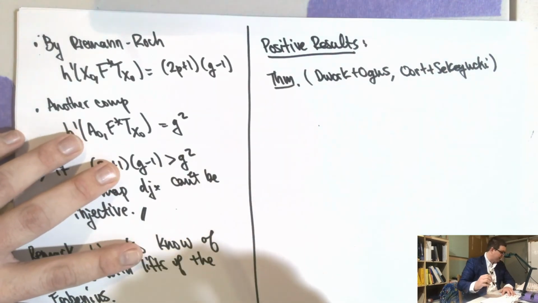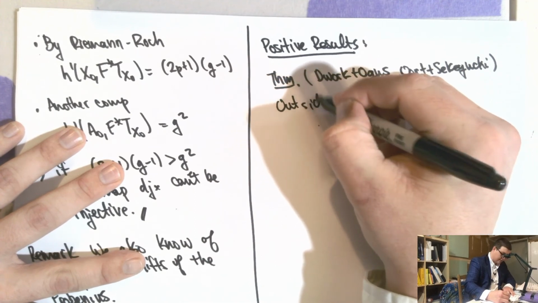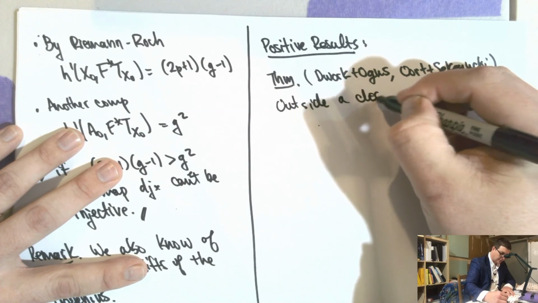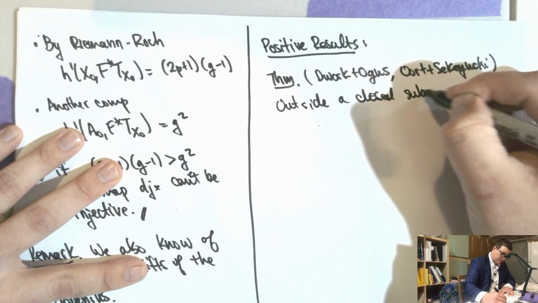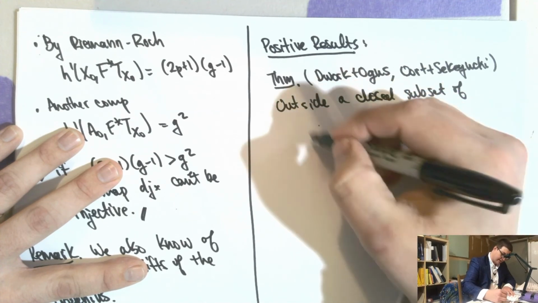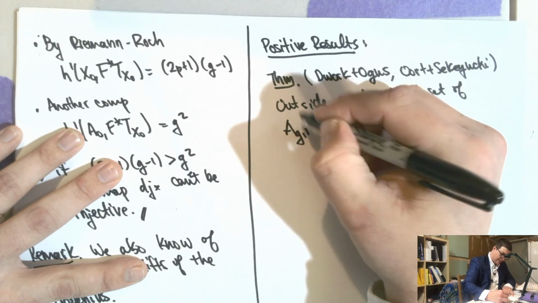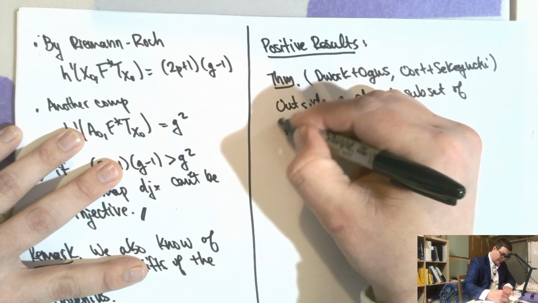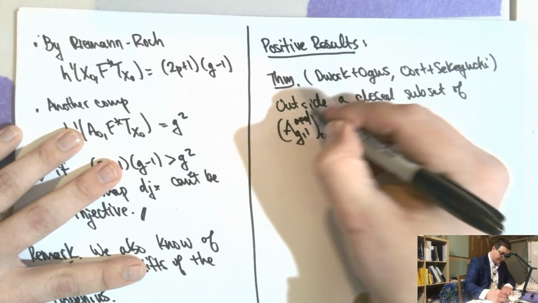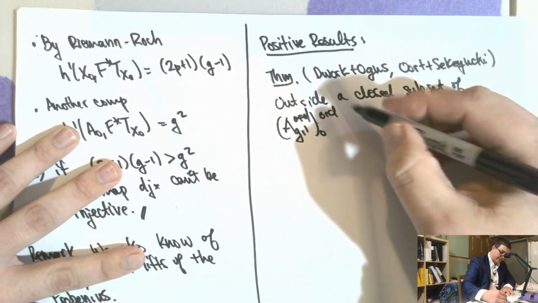It says that outside a closed subset of A_g, you take the ordinary locus, reduced mod p. So the ordinary should be out here. Jacobians do not have a lift of the Frobenius.